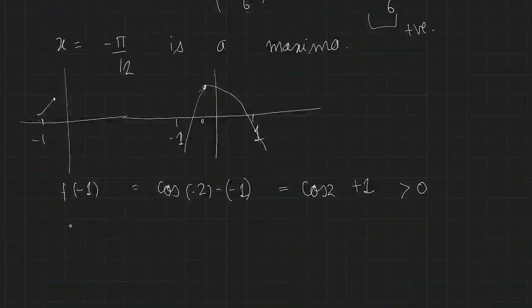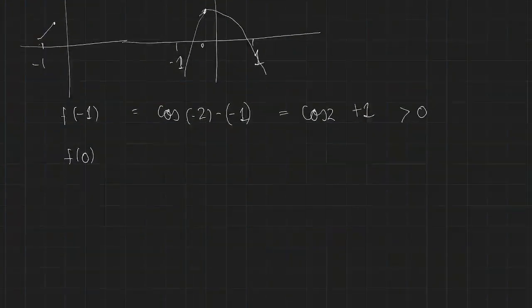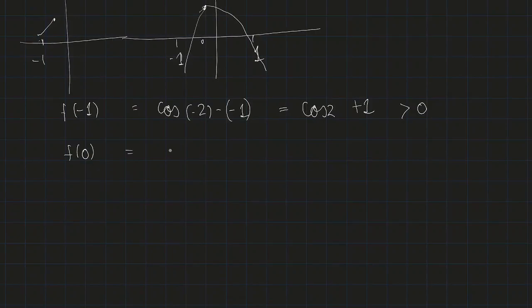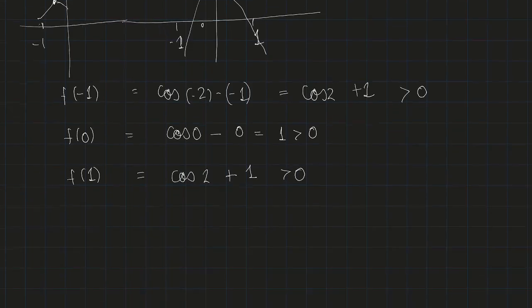All right, so for the sake of clarity, let's also check what is f of 0. F of 0 is just cos of 0 minus 0, which is 1, which is greater than 0. What is f of 1? F of 1 is cos of 1 minus 1.